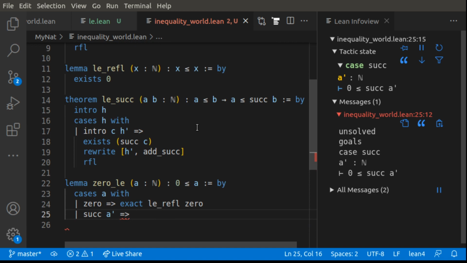A less than B implies that A is less than or equal to successor of B. Not A is less than successor of B implies.